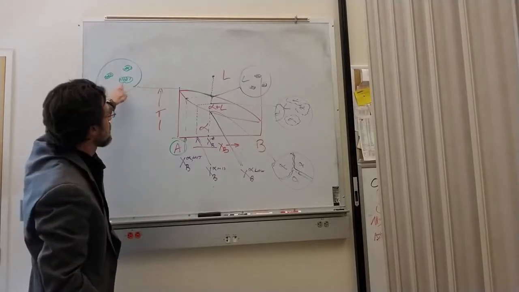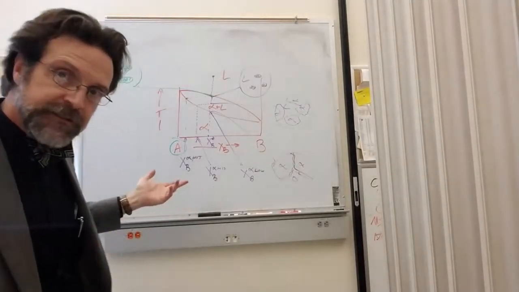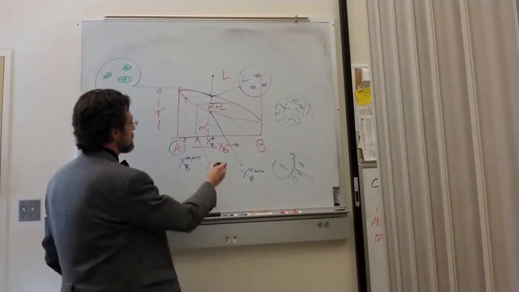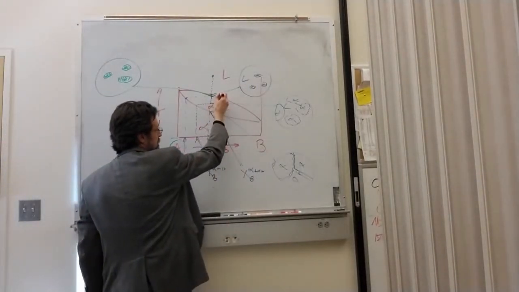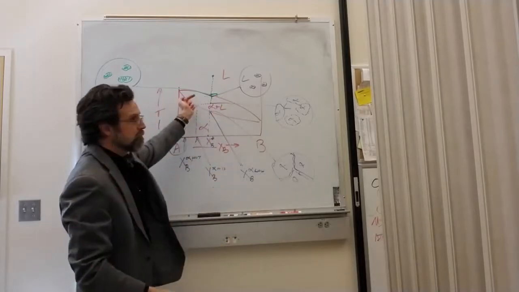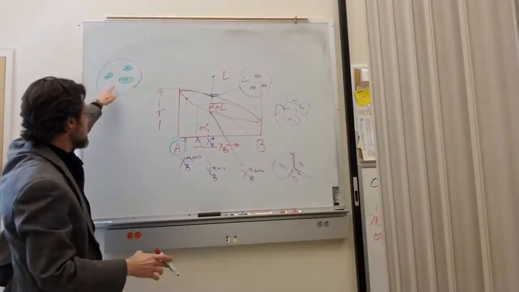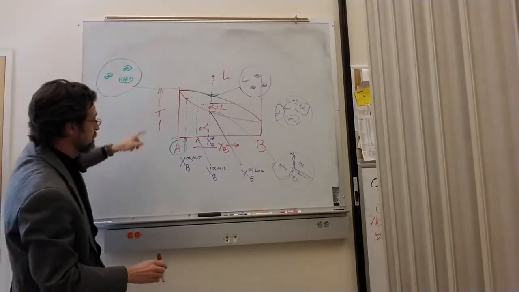that alpha stays. A way to think of this is you can think of it as the liquid being pushed to the B rich because the A is being trapped in the solid.